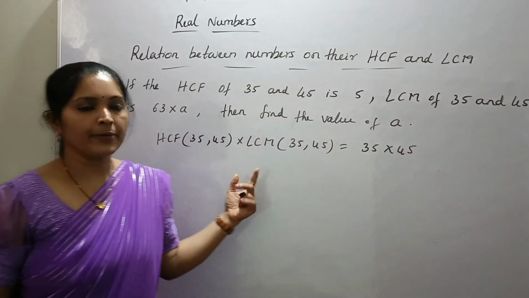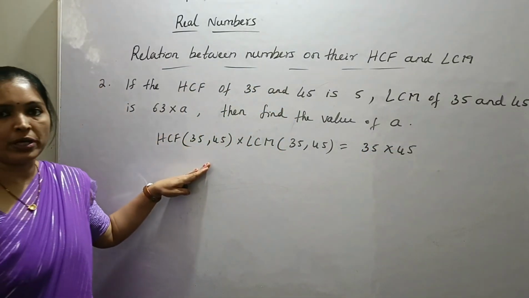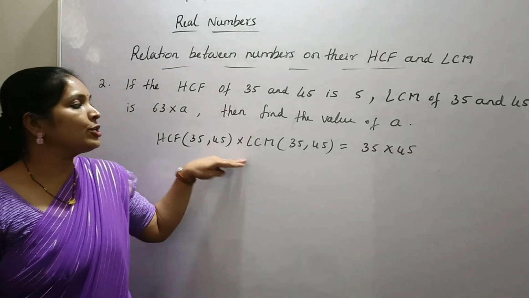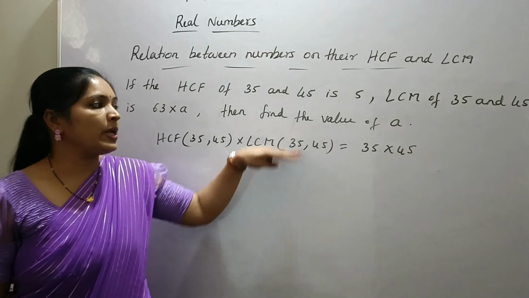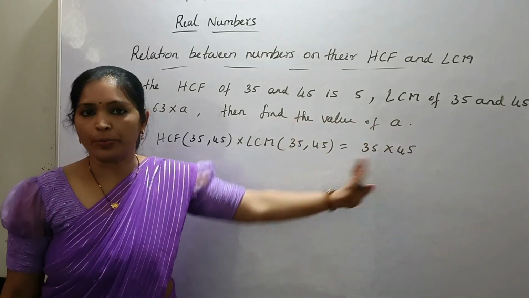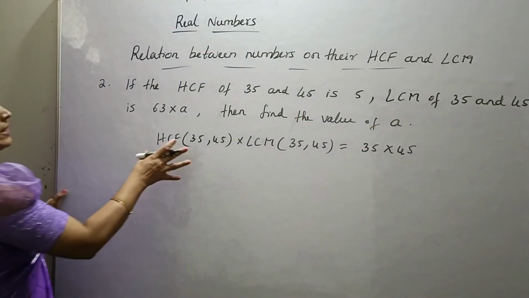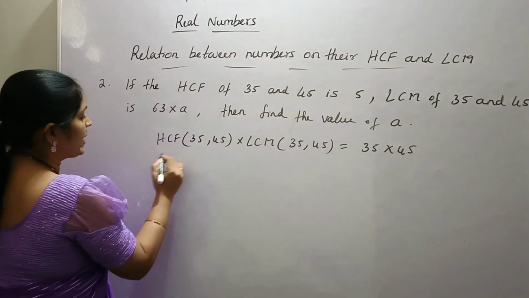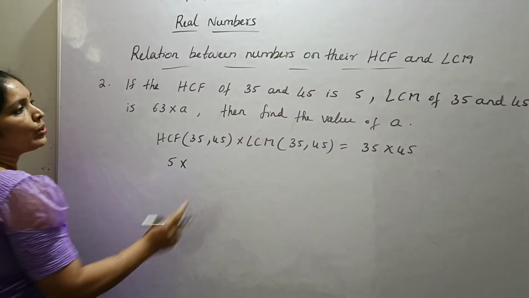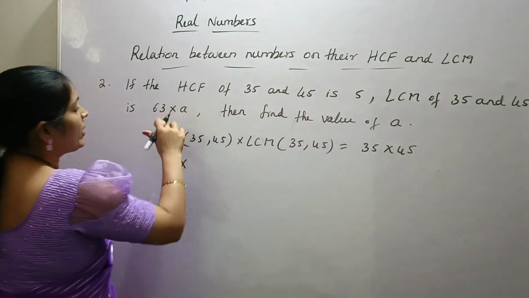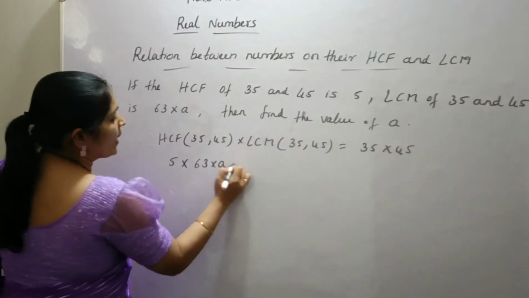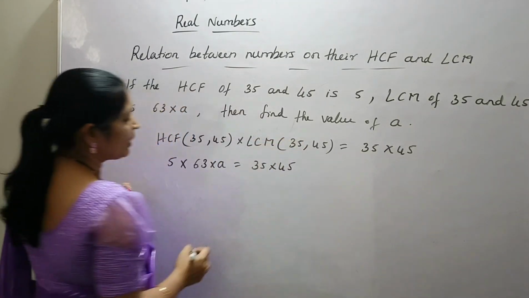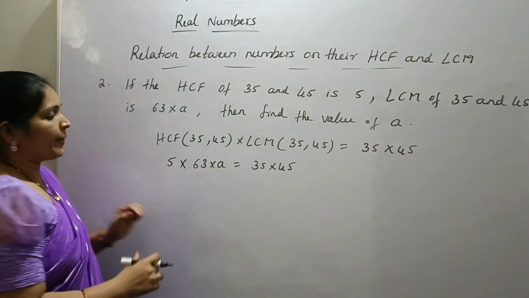That is the formula: LCM of a and b into HCF of a and b is equal to a into b. Here HCF of 35 and 45 is 5, into LCM of 35 and 45 which is 63 into a, equal to 35 into 45. Here we have to find the value of a.